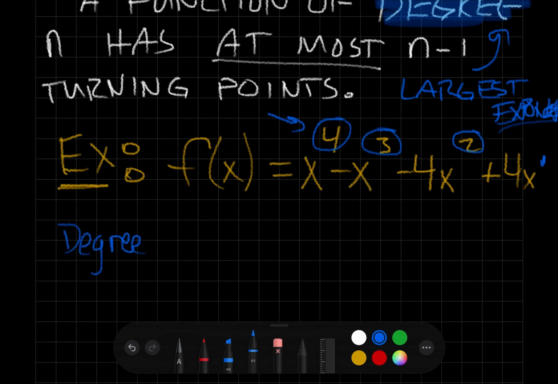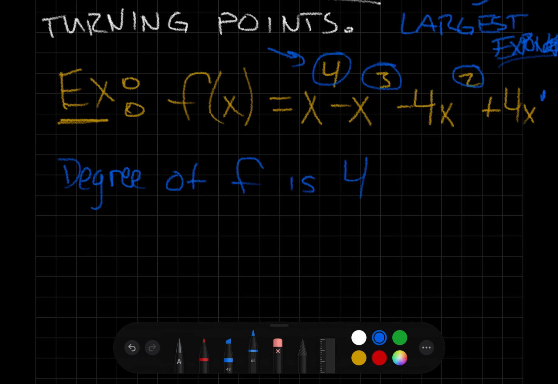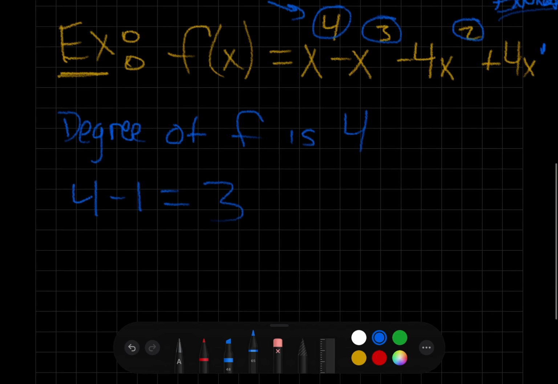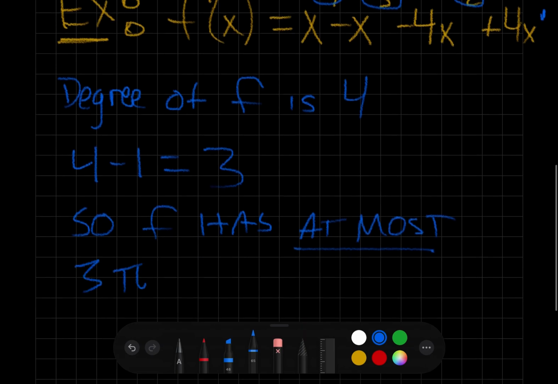So the degree of f is 4. So how many turning points could this graph have? Well, we know that it's going to have at most the degree minus 1. So 4 minus 1 is equal to 3. So f has at most 3 turning points.